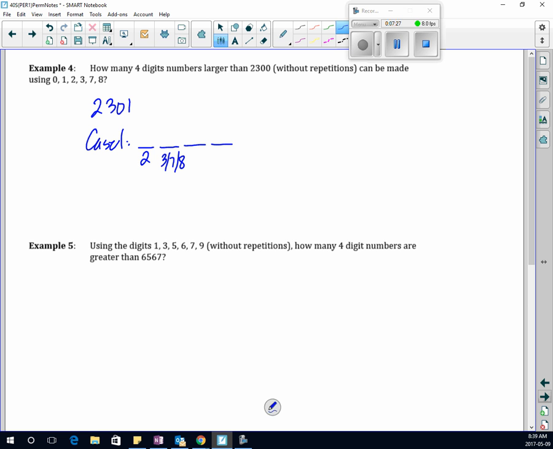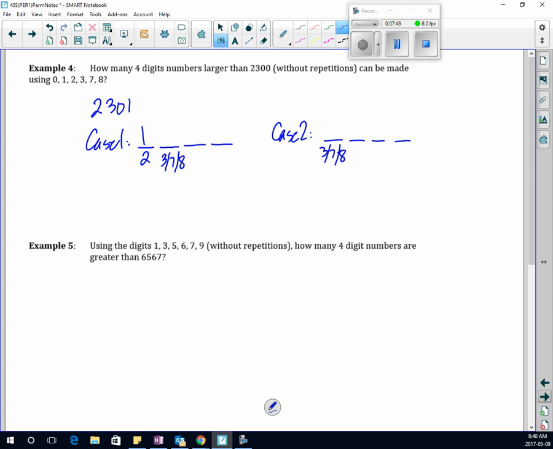So what would case 2 be? I think we might only need 2 cases, actually. What would the next case be? Yeah, it starts with a 3, 7, or an 8. So yeah, you said it was 2.